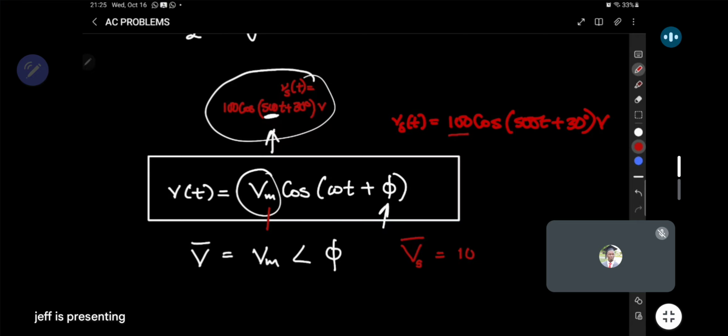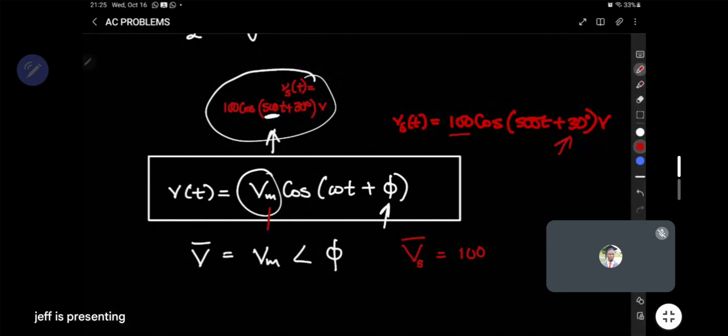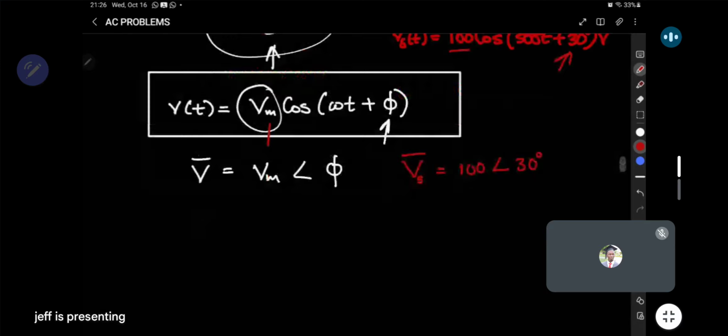So this is our peak voltage. Next, the phase angle. The phase angle will come from there. So here we know to say, a phasor only stores the peak and the phase shift. So here the phase shift is 30. So we'll have that 30 degrees coming here. So this is going to be our phasor supply voltage.